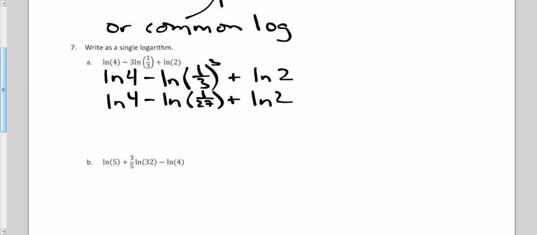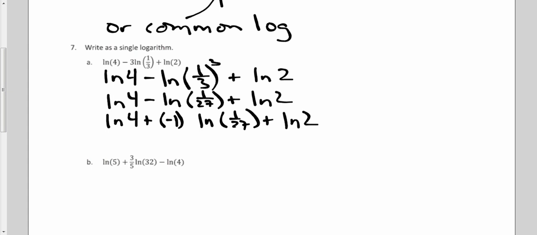Remember, this is natural log of 4 plus -1 times the natural log. Let's get rid of this parenthesis right here. I don't need it. -1 times the natural log of 1/27 plus natural log of 2.